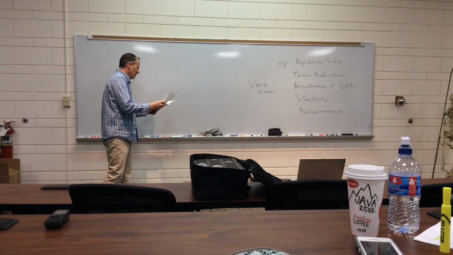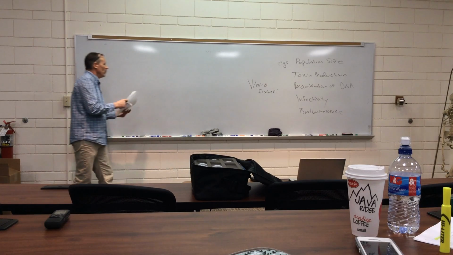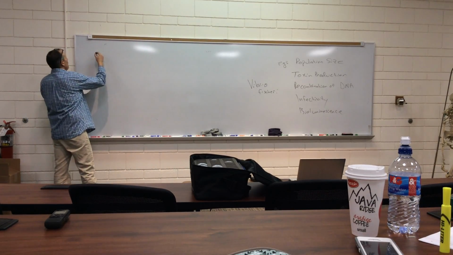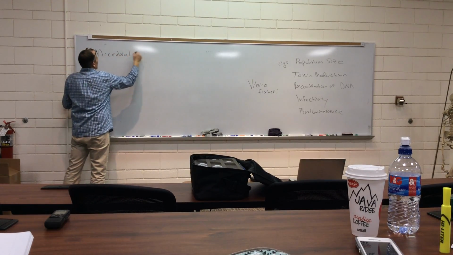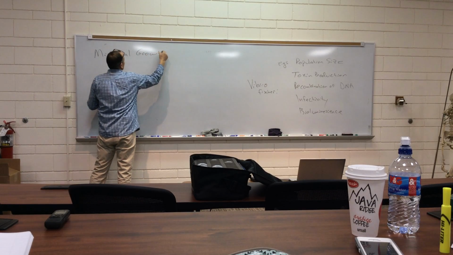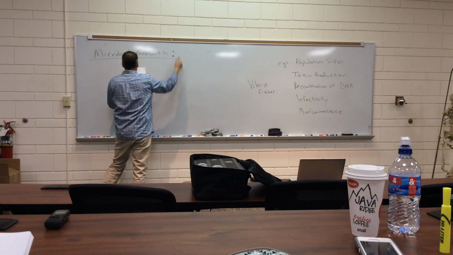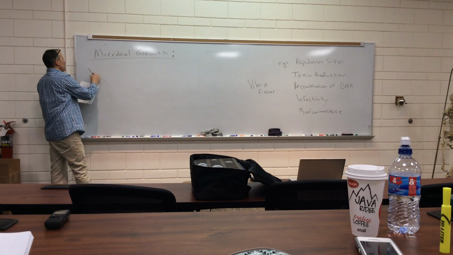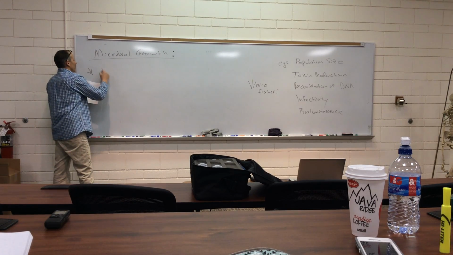And so, let's see. With that, we will start just a little bit of microbial growth and call it good for the day. We won't get too far into it. So, once again, we're going to talk about increase or decrease in cell numbers.